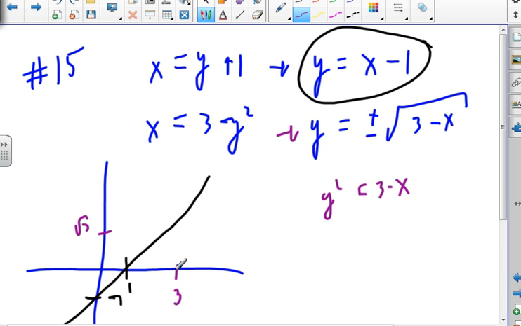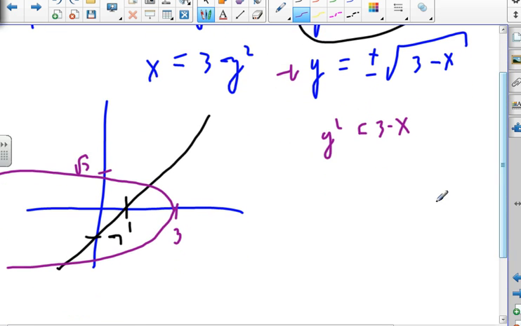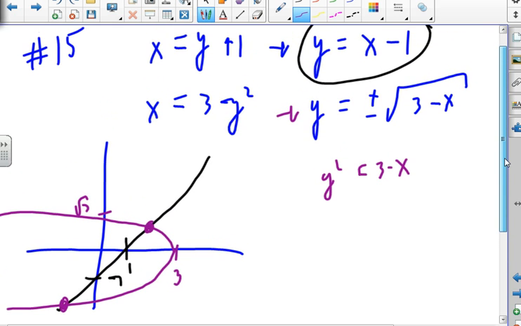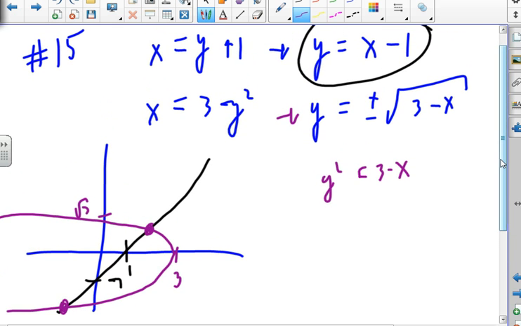And then this guy's going to do something like that. Yeah, so now I have to find that spot, because that would be the area between the curves. Okay, so that's what I'm doing.